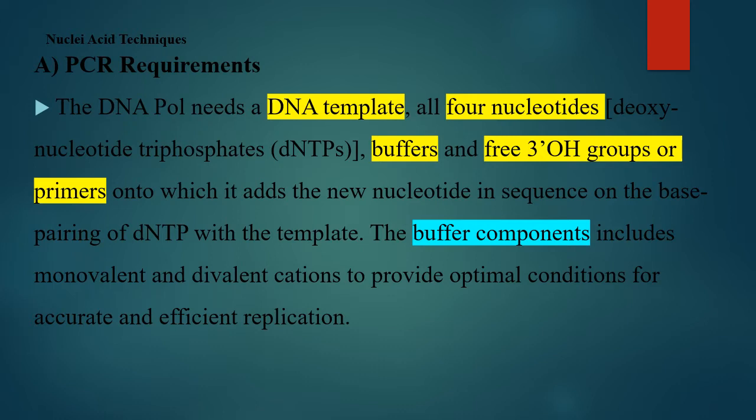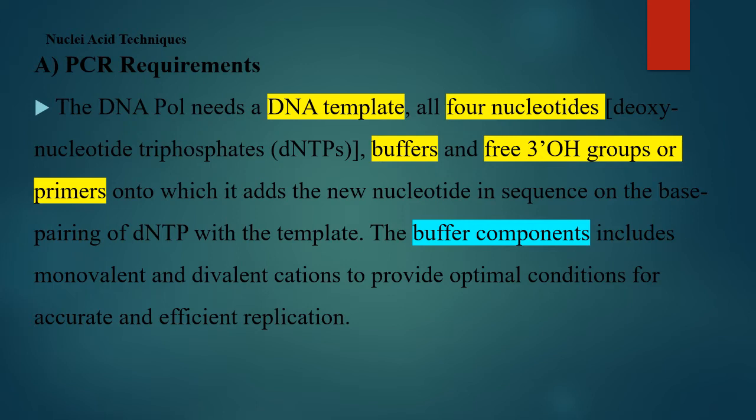Primers provide free 3' hydroxyl groups. And you know, primers are what begin the whole process of DNA replication. It's onto these primers that the nucleotides are added, so it gives the starting point for the reaction to continue.